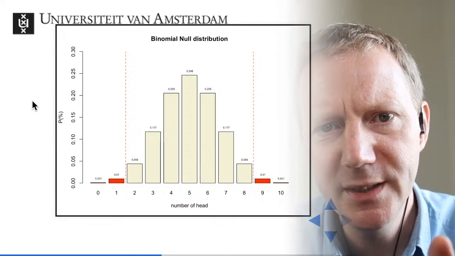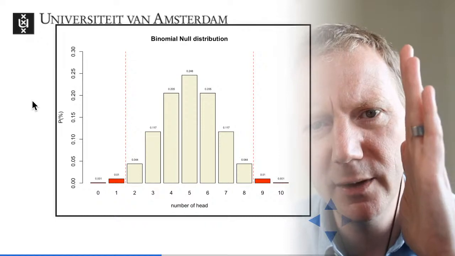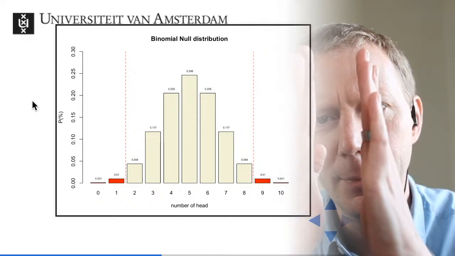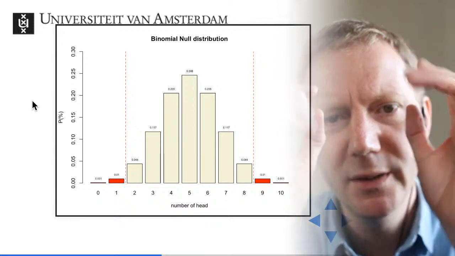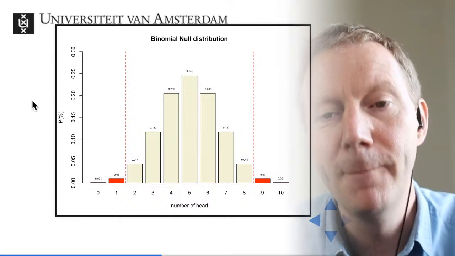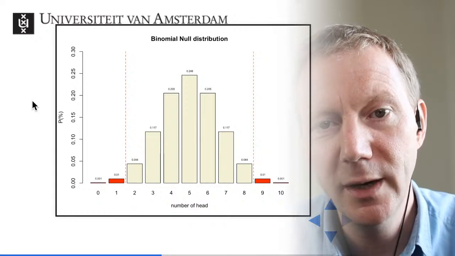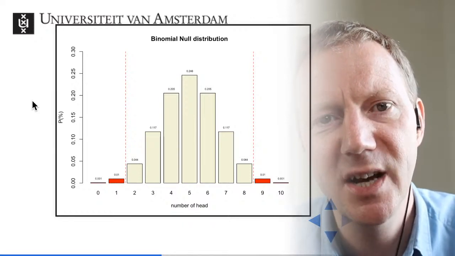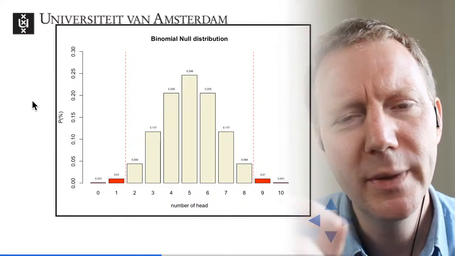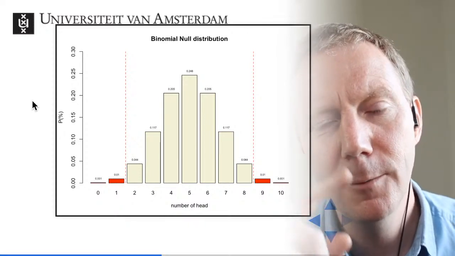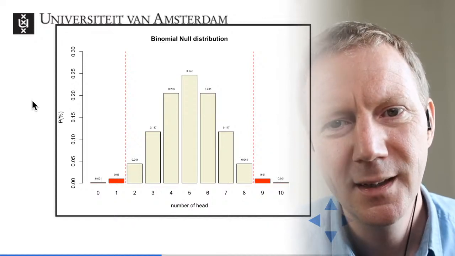So it also means that if you would choose a different alpha level, your boundaries would shift, but the decision is still outside of the boundary, I decide this, and inside I decide something else. Okay, and that's fundamentally different than what Ronald Fisher thought.